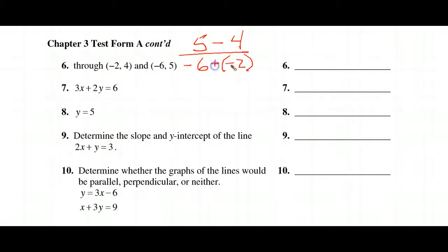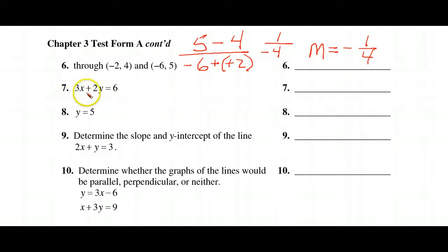So this we know will become a plus. On top we have a 1, and on the bottom we have a negative 4. So our slope for number 6, and we would often put the letter m there, is a negative 1/4.